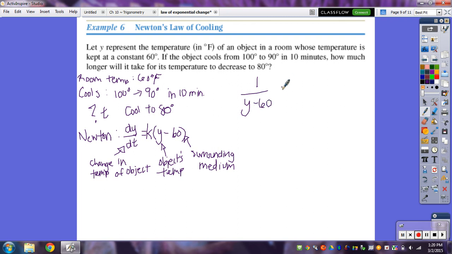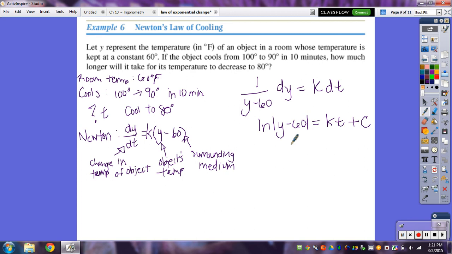1 over y minus 60 dy equals k dt. And then when I integrate both sides, that's how you solve a differential equation, you have the natural log of the absolute value of y minus 60 equals k times t plus c, some constant.